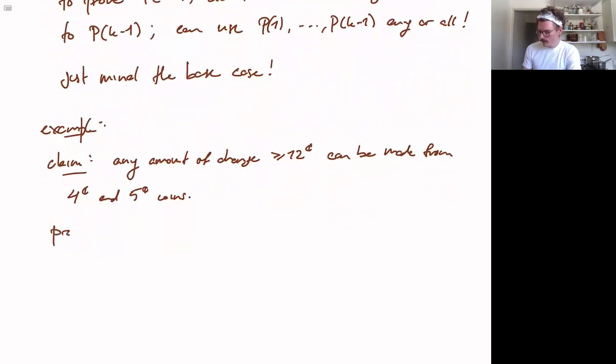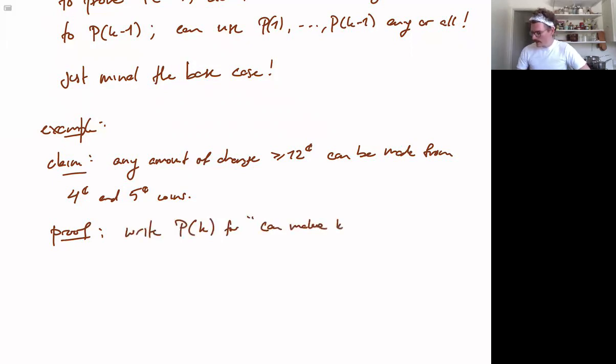So proof, there's many ways to prove this, but here's one. I'm gonna write some shorthand just for convenience. I'm gonna make P my propositional function that says you can make K cents from 4-cent and 5-cent pieces.